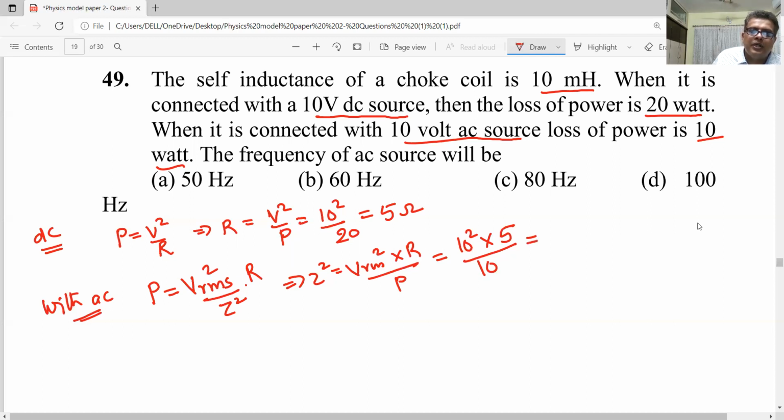So you get 10 into 5, which is 50 ohm. From that, we get the Z value.